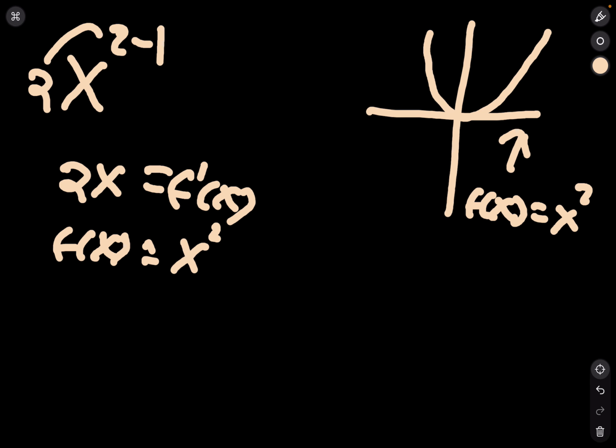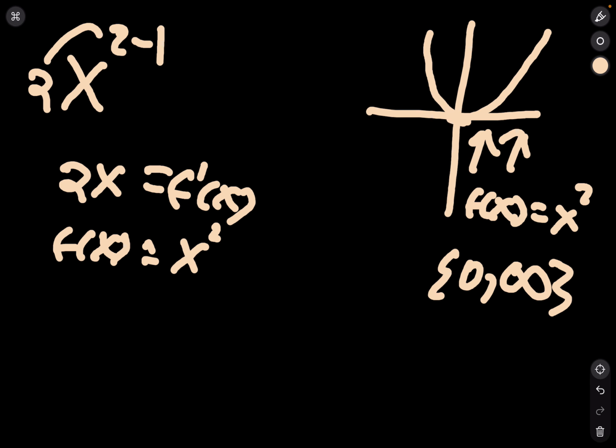The reason why that works is because you can see here, let's look at the positive side, the right side. Any time the domain is more than 0, we can see that the slope will always be positive, or at the very least 0.